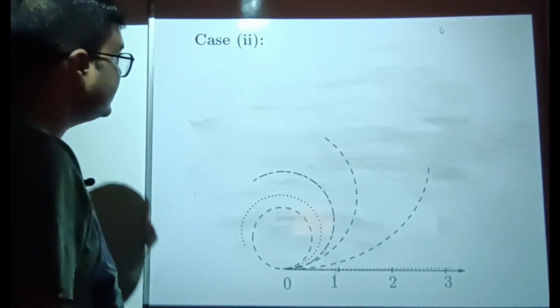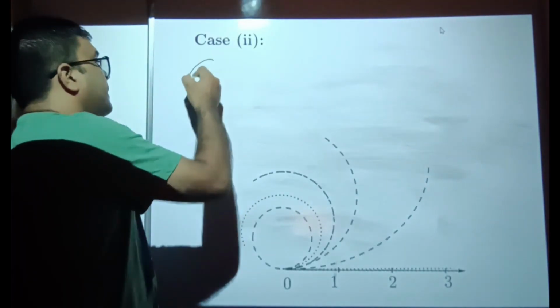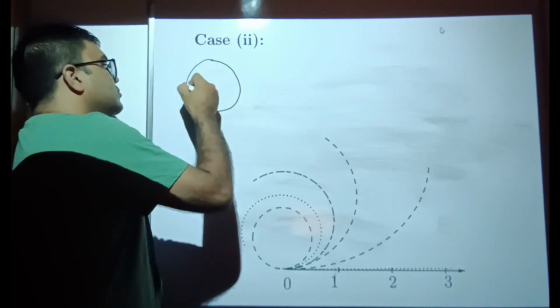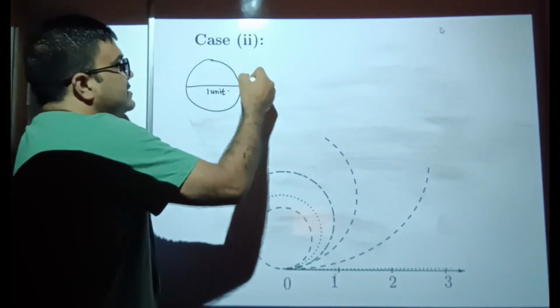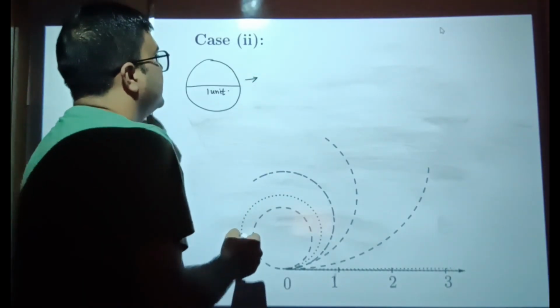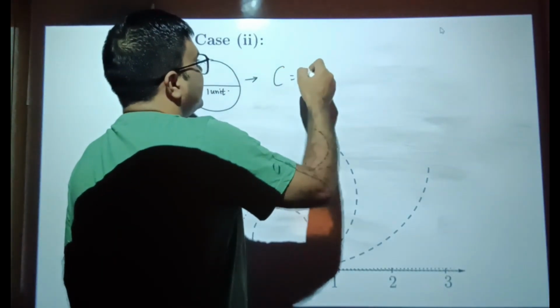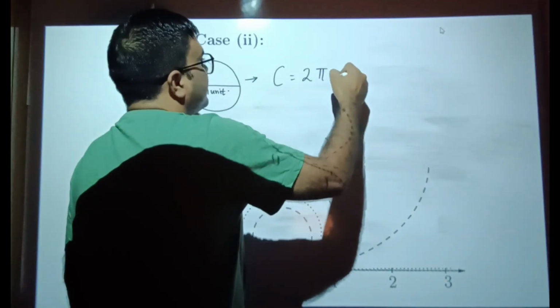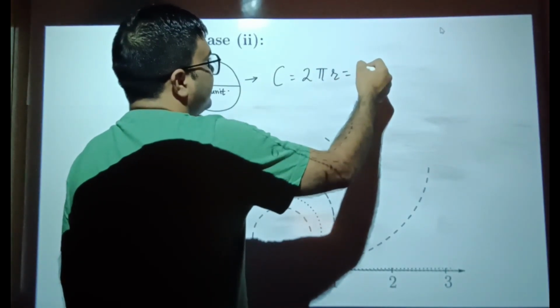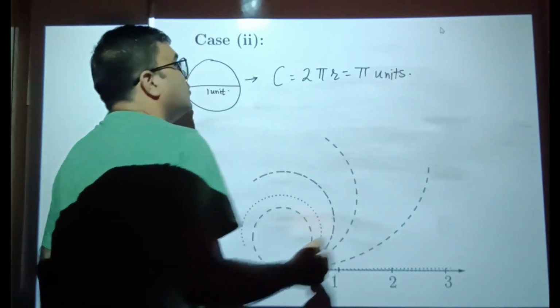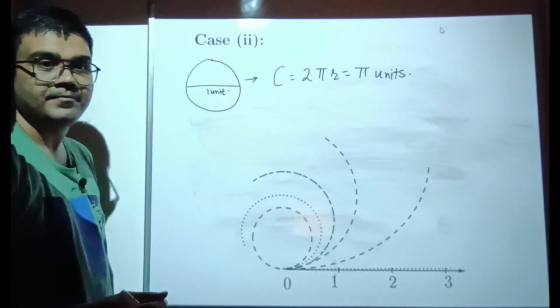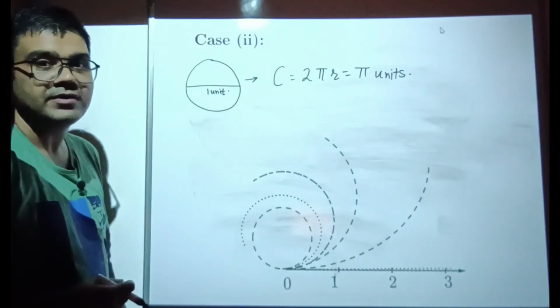Suppose we have a circle whose diameter is 1 unit. What is the circumference of this circle? The circumference C is 2 pi r or pi d, so that will come out to be pi units. It means we want to plot the point pi on the number line.